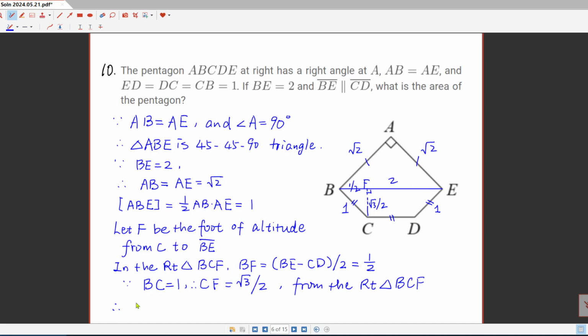Then we know that the area of the trapezoid BCDE is 1/2 of CD plus BE times CF, which is 1/2 times 1 plus 2 times square root 3 over 2.